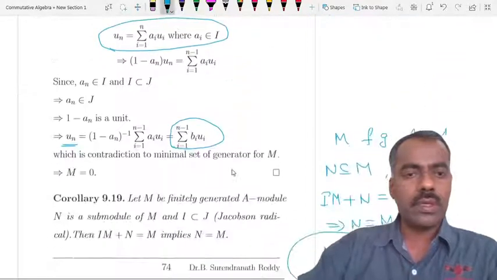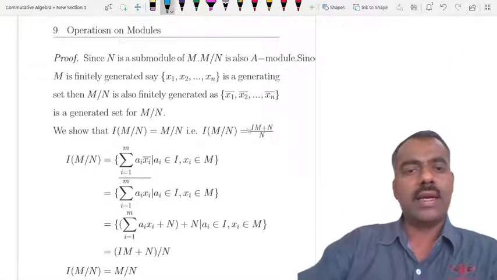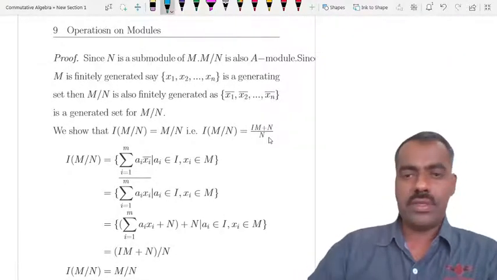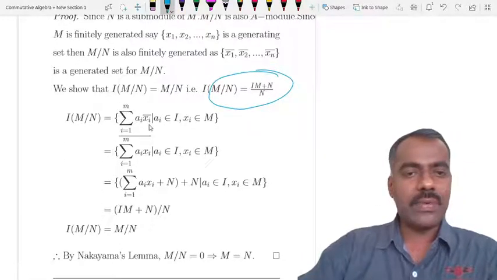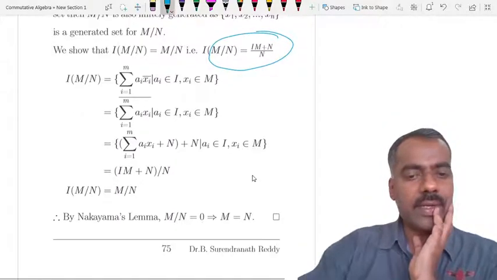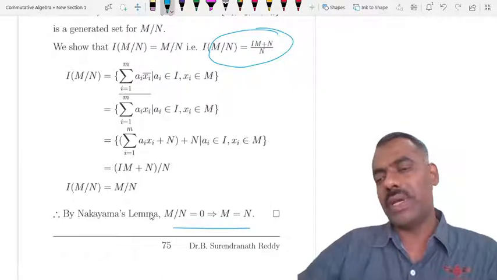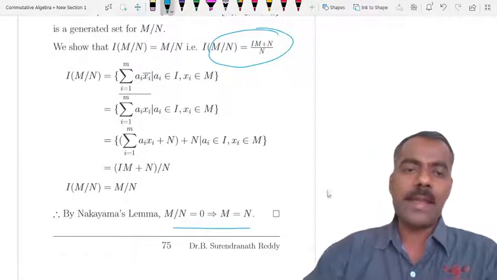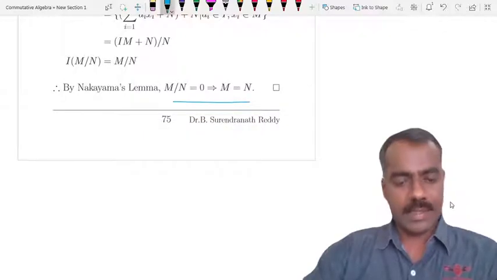So you can apply that and show that I times M modulo N is M modulo N. That is the same as showing that these two are equal, and it is not a difficult one. Using simple coset operations we can show that. Therefore M modulo N is 0 is the same as saying that M is equal to N. So this precisely follows from Nakayama's lemma. Some other properties we'll see in the next class, so we'll stop here.